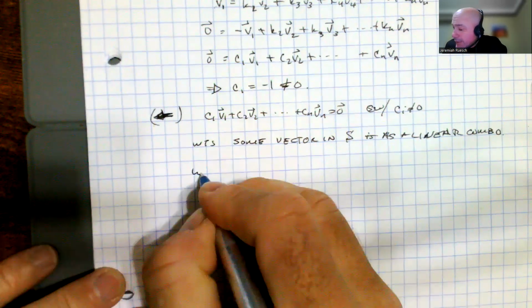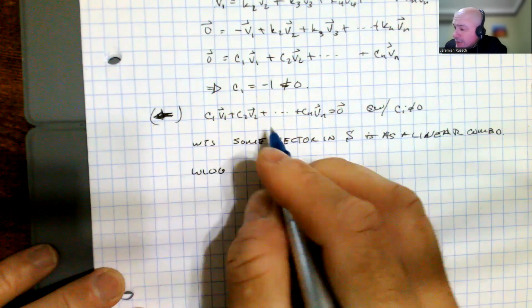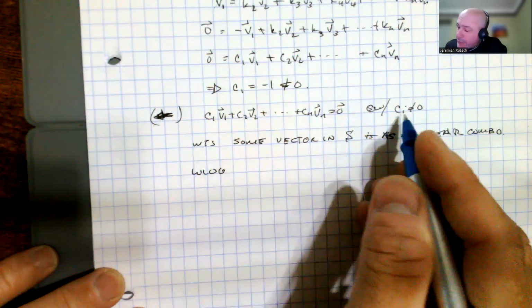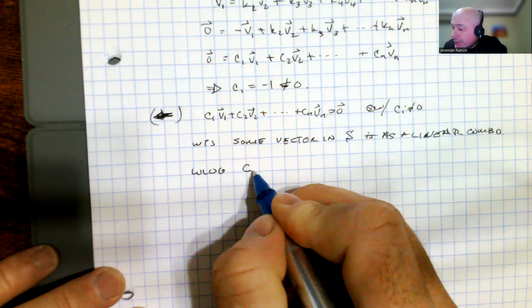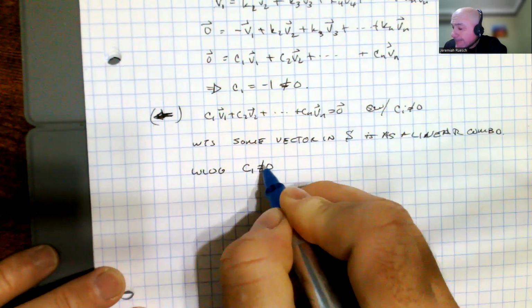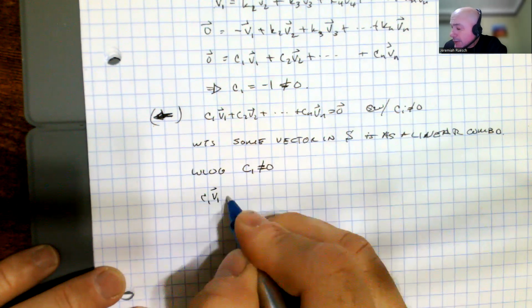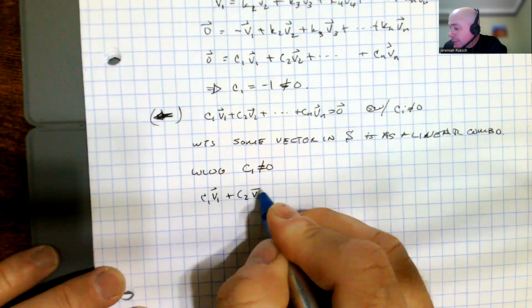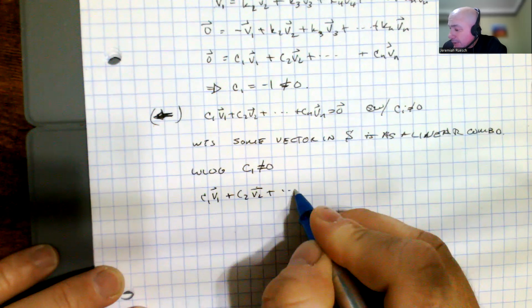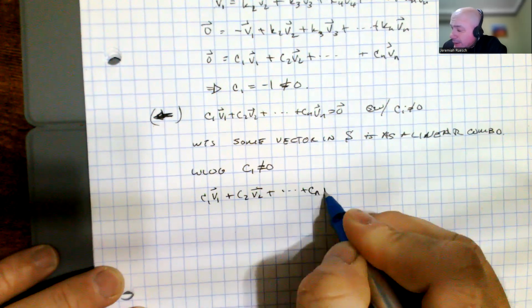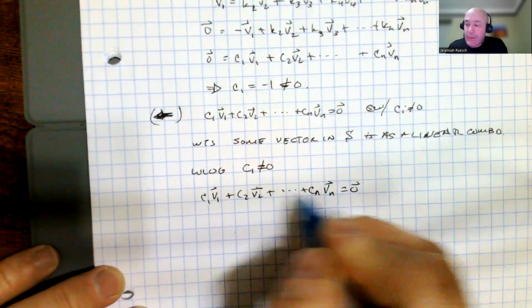It could be one or more of these, so without loss of generality, let's say c1 is not equal to 0. Then we have c1 v1 plus c2 v2 plus dot dot dot plus cn vn is equal to 0. That was given.